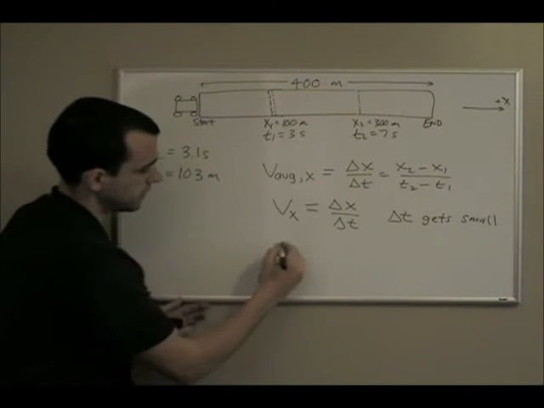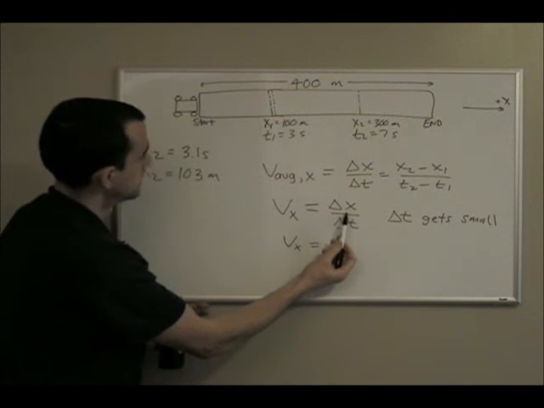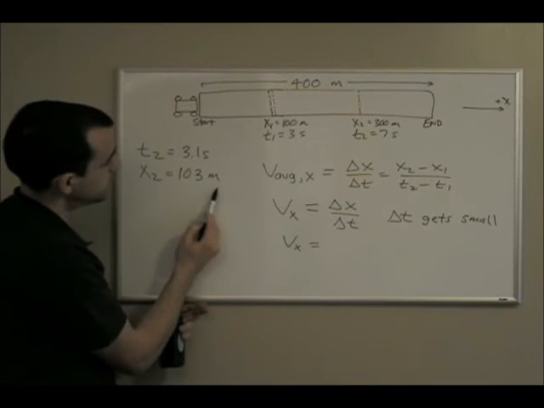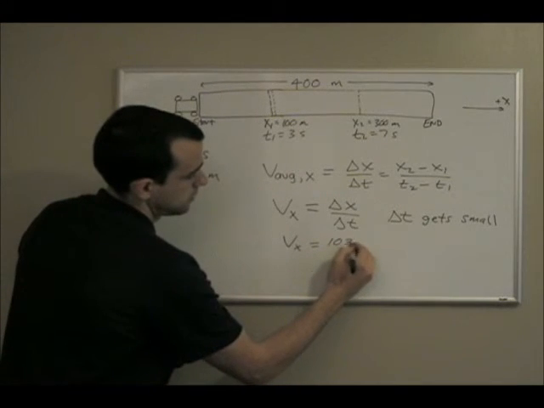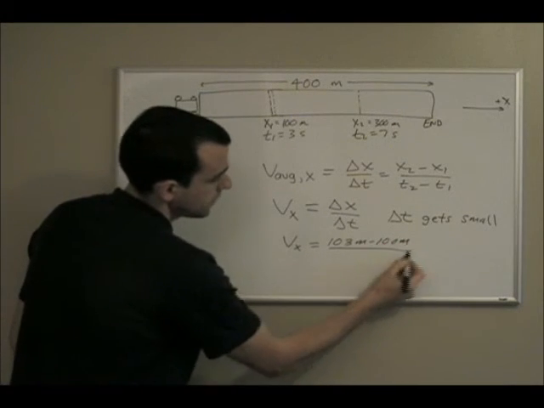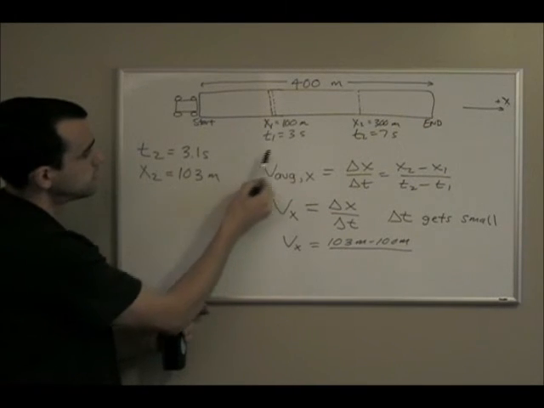So let's do this calculation. Our delta x is now x2, which is 103 meters, minus x1, which is 100 meters. And our delta t is 3.1 seconds minus 3 seconds.